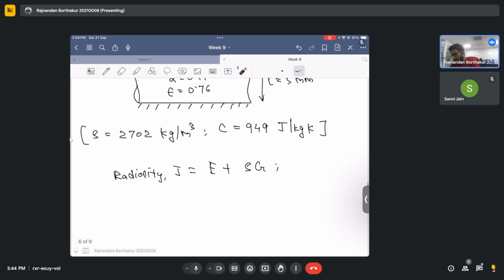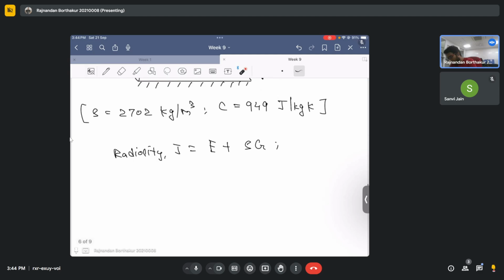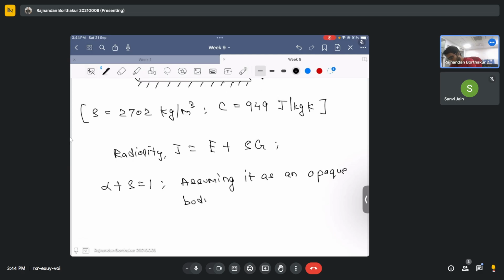Okay, so as you have rightly pointed out, we will use the fact that alpha plus rho is equal to 1, which means that you are assuming it as an opaque body, meaning your transmittivity is equal to 0.